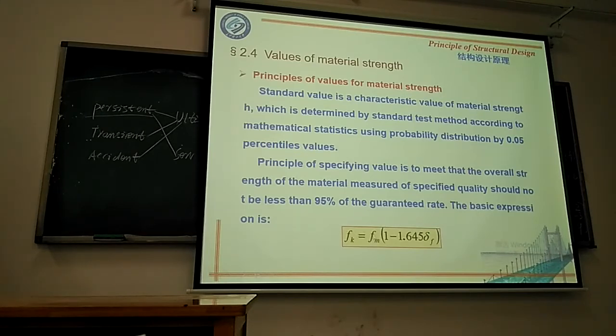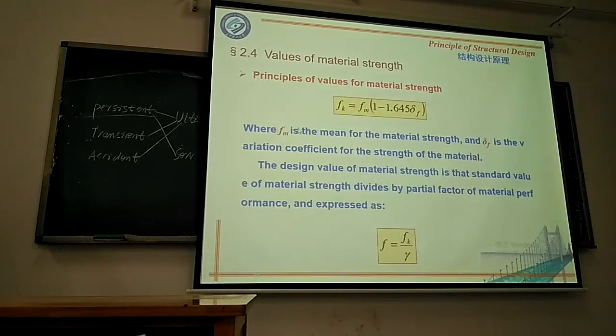Finally, we got this formula to get the standard value, with 95% guarantee. Here Fm is the mean of the material strength and sigma F is the variation coefficient of the strength.